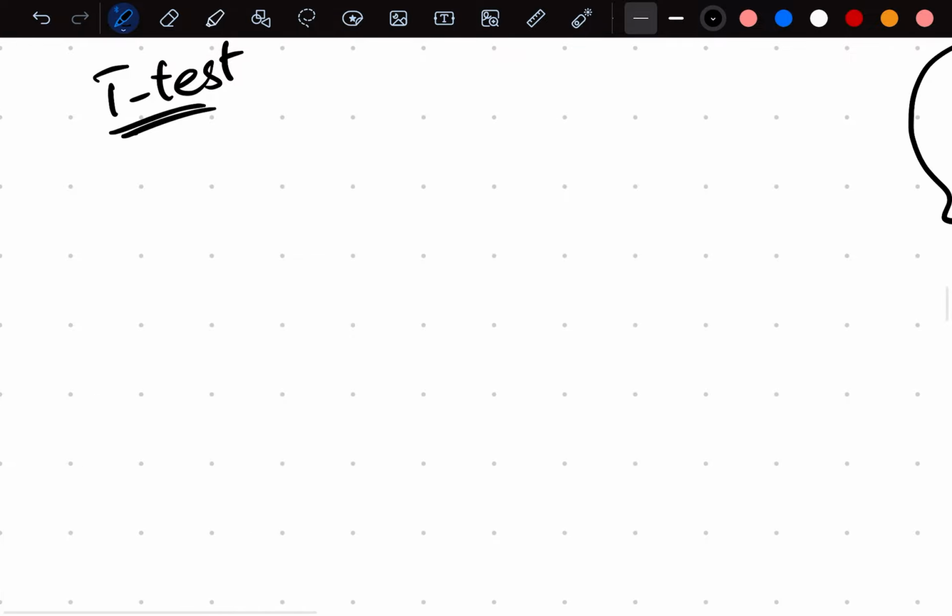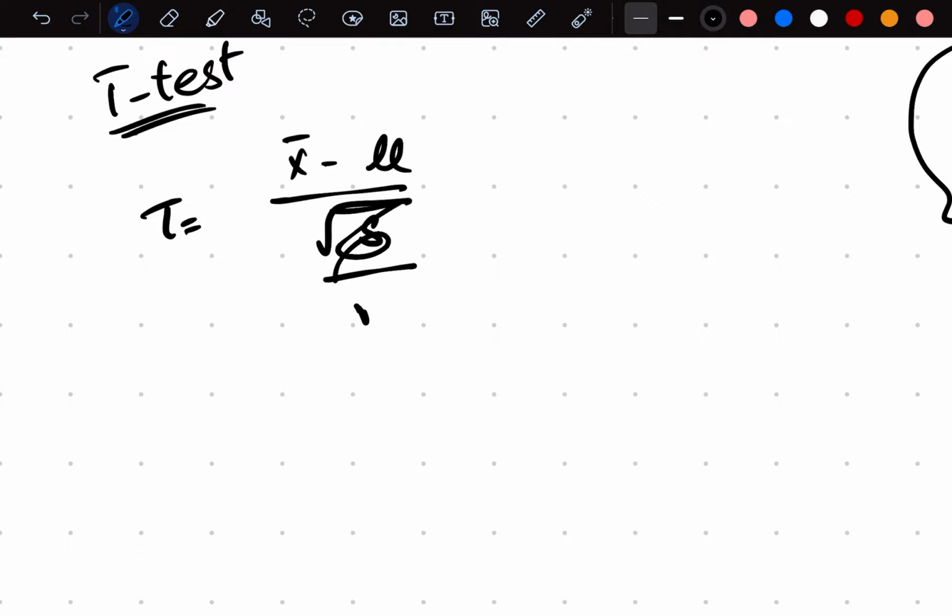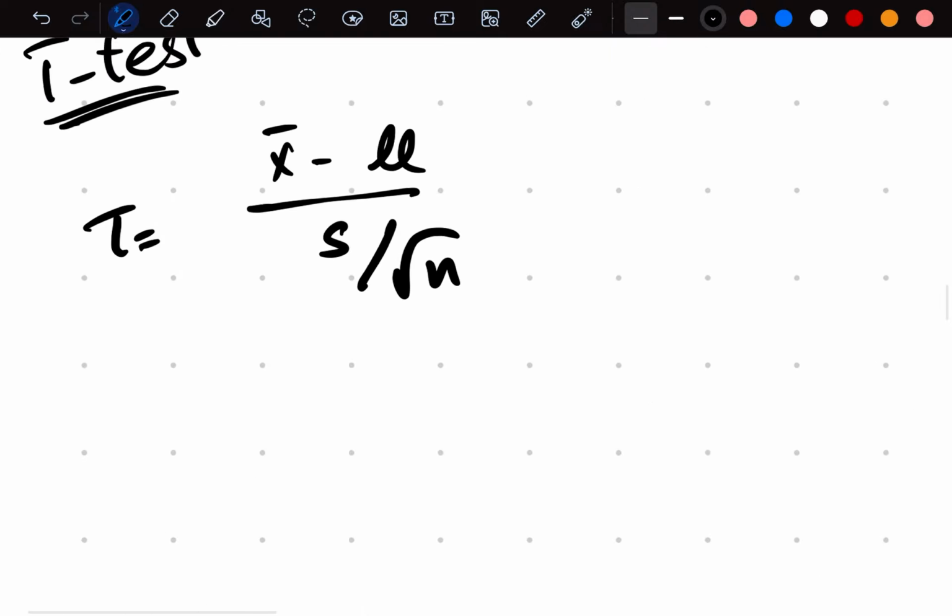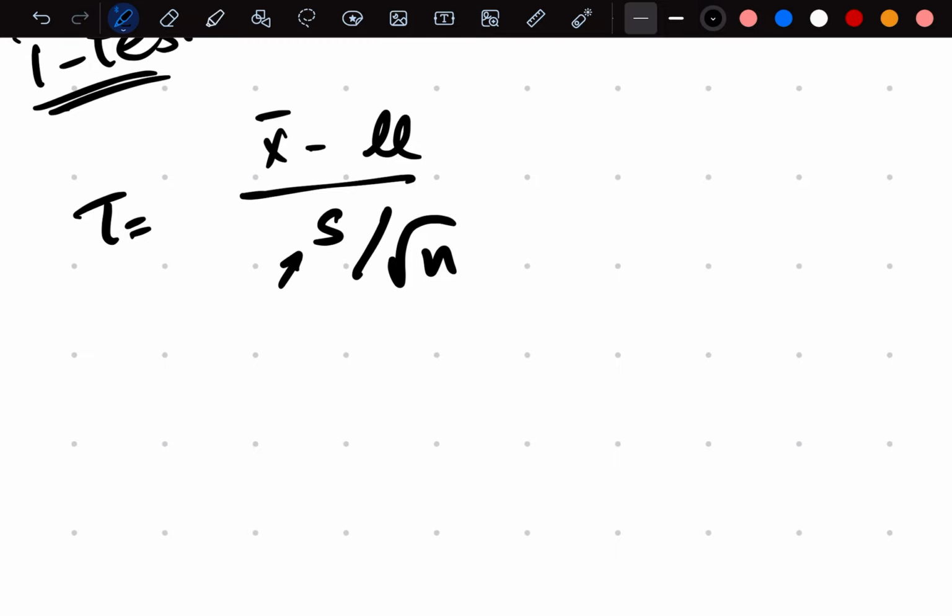So in the same way, the t-test formula would be x bar minus population mean by square root of, oh sorry, by number of samples. The same as the previous one, but here you will consider the sample standard deviation, whereas there you will be taking the population standard deviation.